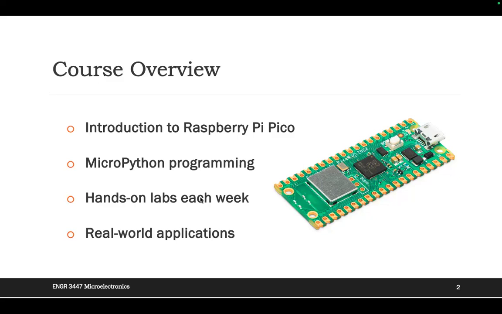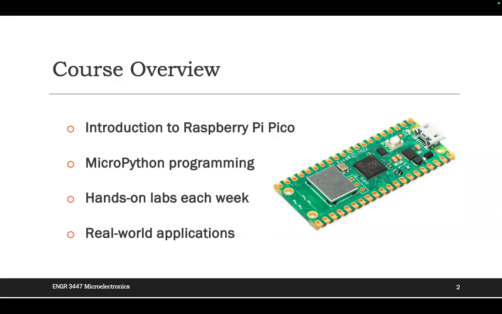Firstly, let's do a course overview. After this semester, we first introduced the Pico to you, and different parts have different functions, and which parts mainly focus on which function.